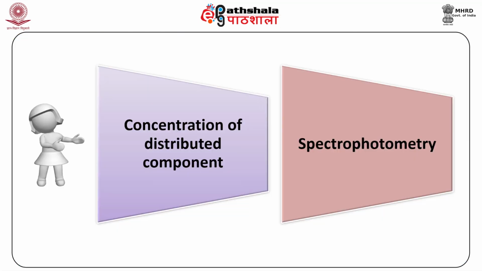The time required to attain the equilibrium is determined by the rate of diffusion, and the two phases should be stirred for an approximate length of time, that is several hours, so that they reach equilibrium. The concentration of the distributed component can then be determined spectrophotometrically.